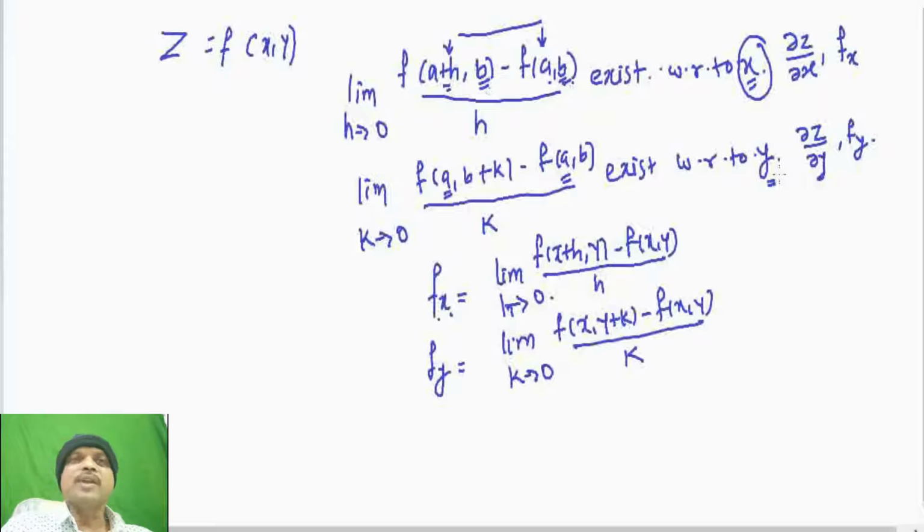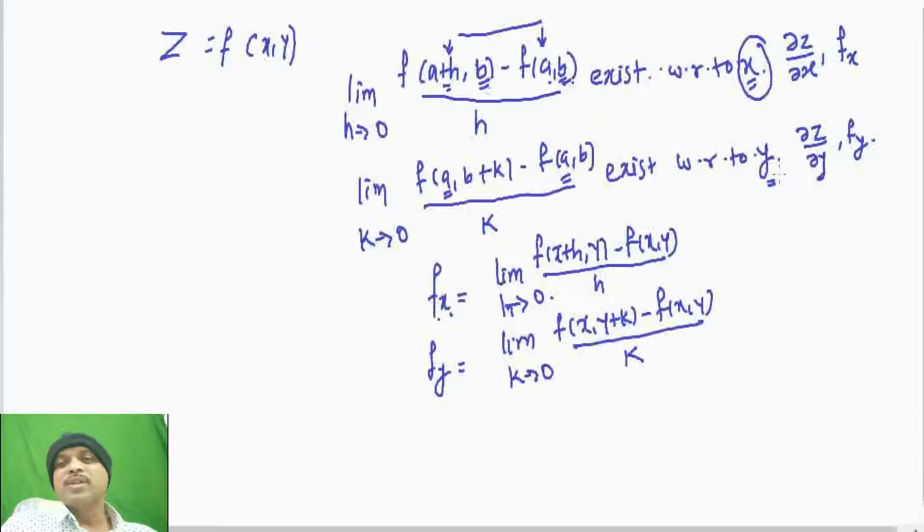Similarly, when we calculate the derivative with respect to y, treat the variable x as a constant and then calculate the derivative with respect to y. This is the simple meaning, and in this simple way we can calculate the derivative of the function with respect to x and y.